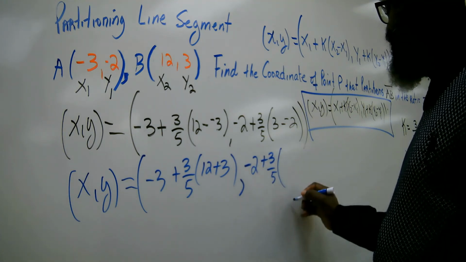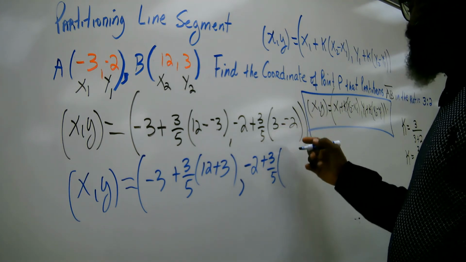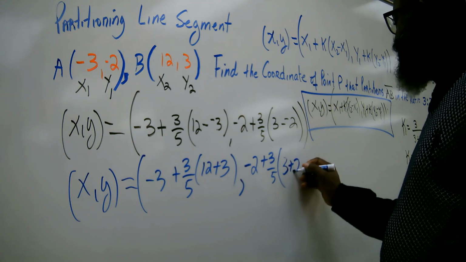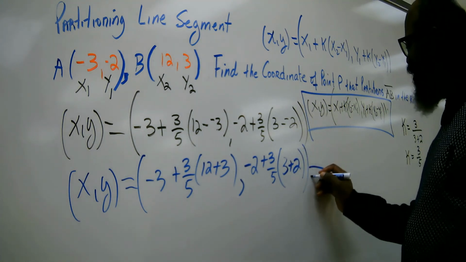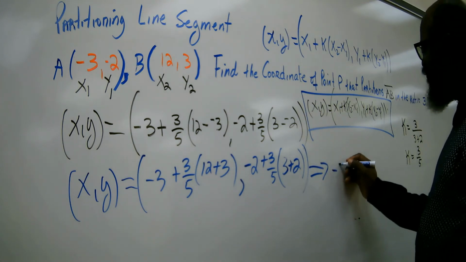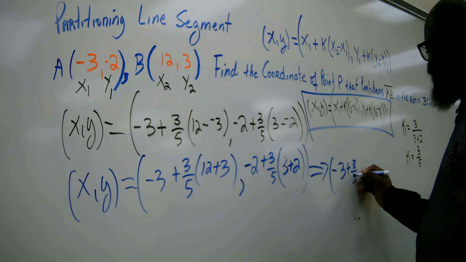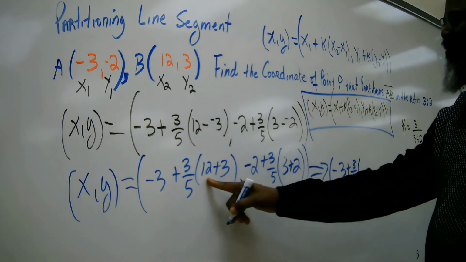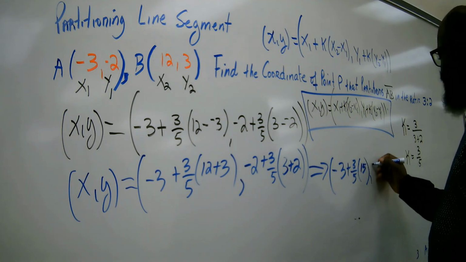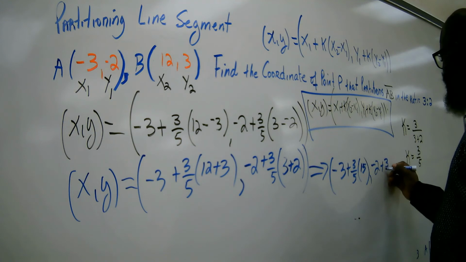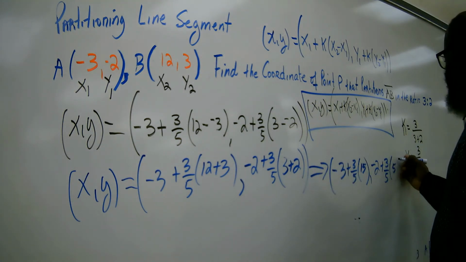Let's simplify the parentheses: 3 minus (-2) will be 3 plus 2. Now we can simplify the entire thing. You will end up with negative 3 plus 3/5 times 12 plus 3, which is 15, comma, negative 2 plus 3/5 times 3 plus 2, which is 5.